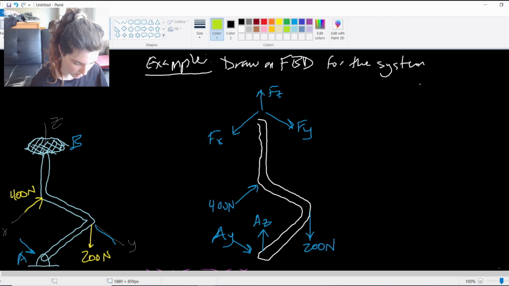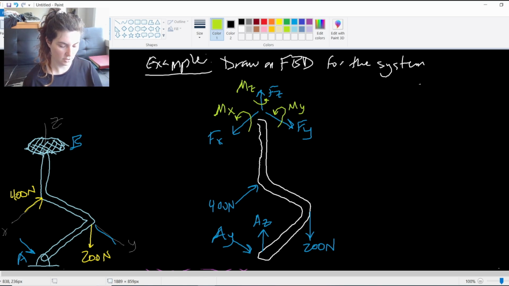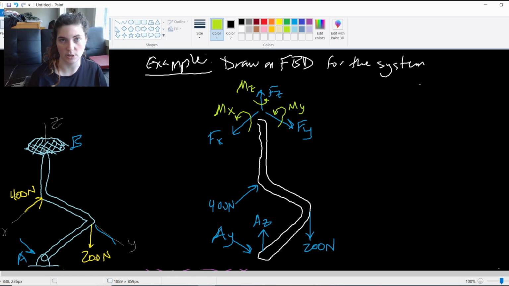I'll do in a lighter color just to see better. So moment reaction in the y direction, moment reaction in the z direction, and a moment reaction in the x direction. So again, I've got 8 unknowns here. This would be indeterminate. We wouldn't be able to solve it because there are more reactions than we have equations, but this would be how we would set up the free body diagram for this.